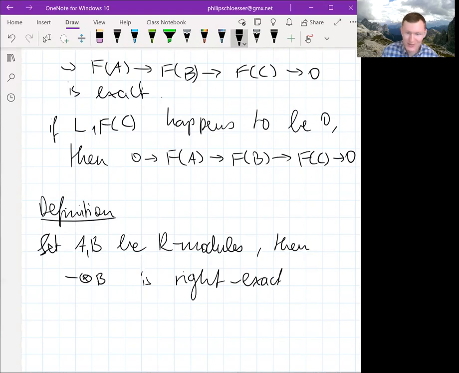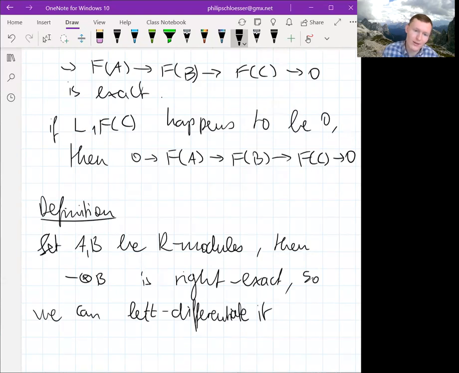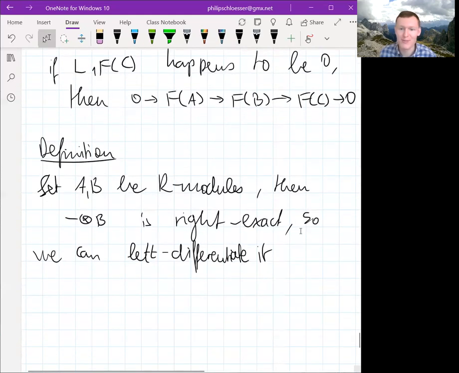So this functor is right exact, so we can left differentiate it. I don't actually know if it's called left differentiate or left derive. I don't really care.